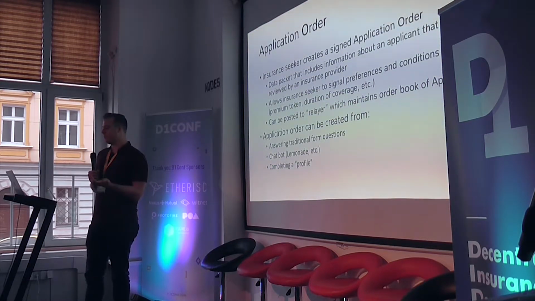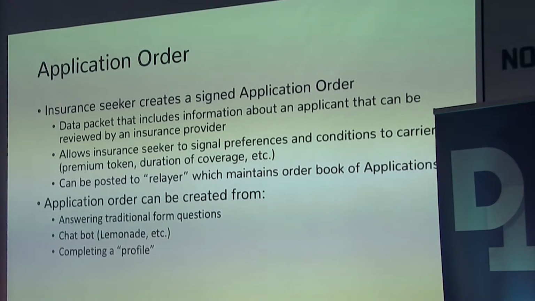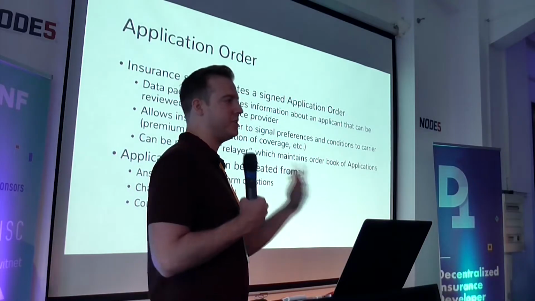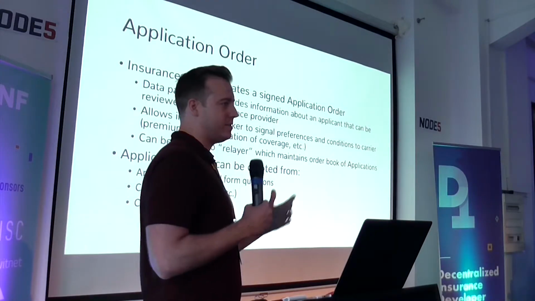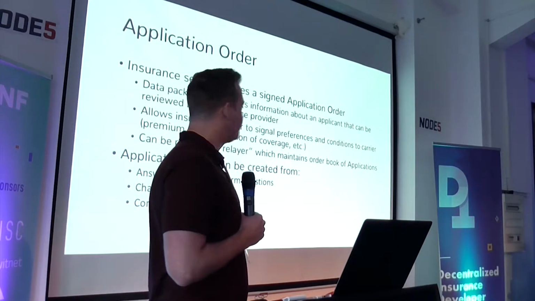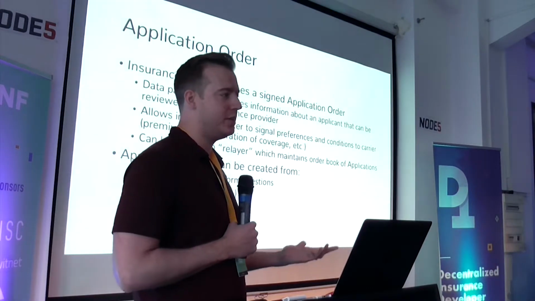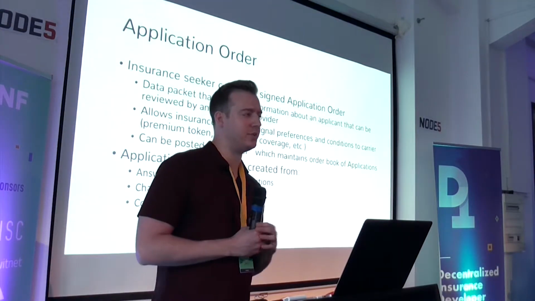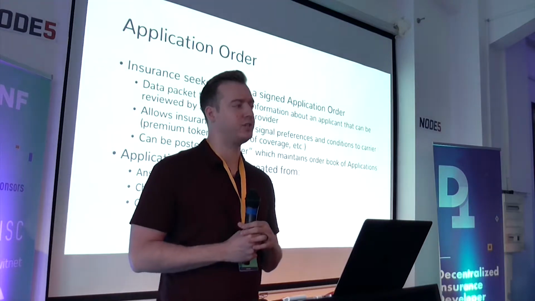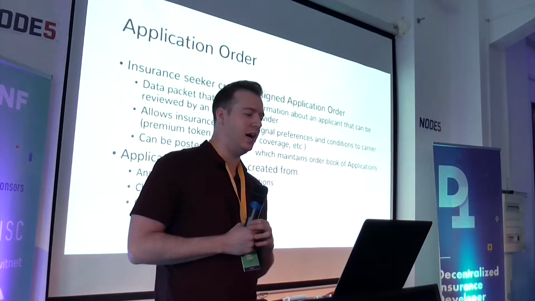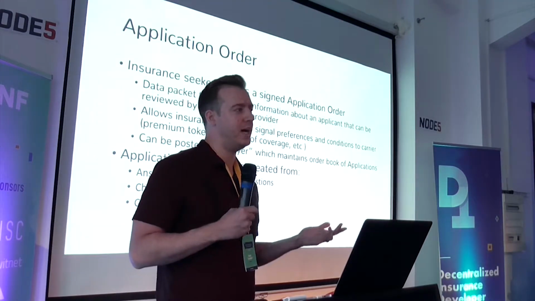So the first primitive I'm going to talk about is application order, and essentially you can think of this as a way to represent an insurance application within this protocol. Essentially you have someone who is seeking insurance. They create this application order. It's a data packet that just includes information about that applicant, and it's intended to be reviewed by an insurer.